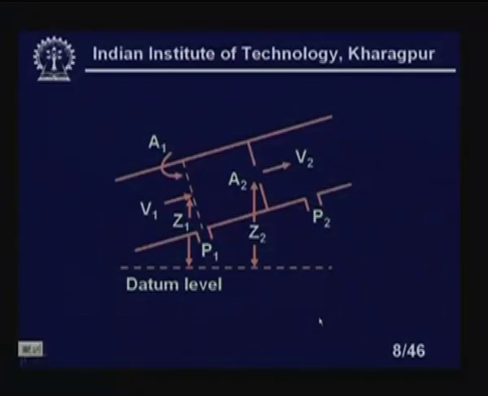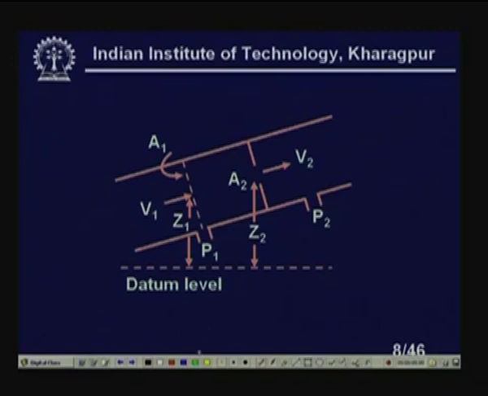Now, this is a typical schematic of a differential pressure flow meter. You see here, this is a pipe, and liquid is flowing through this direction and coming out this direction.